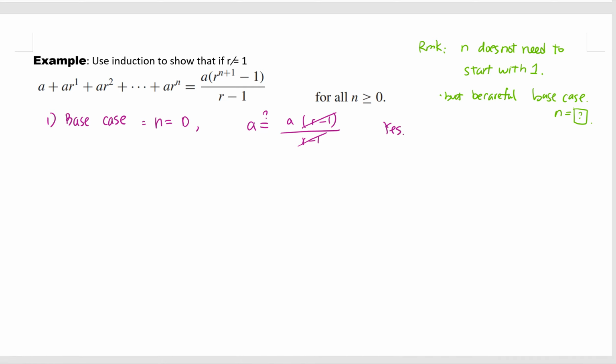Okay, and then next we have the inductive case. So we assume for k greater than 0, the equation holds for n equals k minus 1.